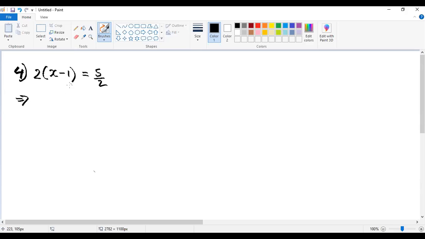So right here, you can either decide to divide both sides by 2, or you can multiply the bracket and then proceed as normal, right? So let me multiply the bracket this time around.